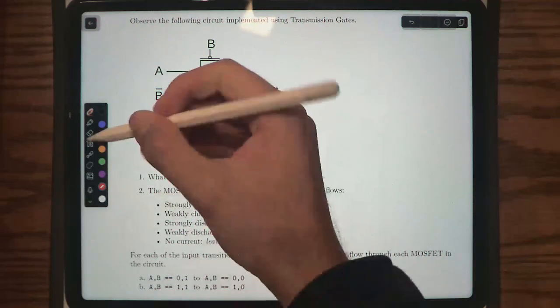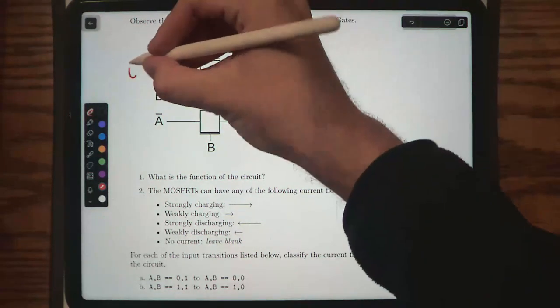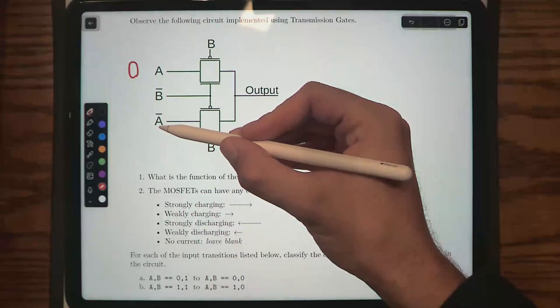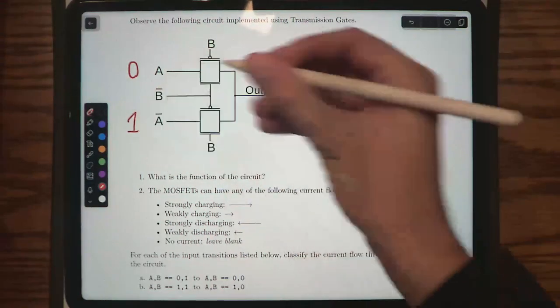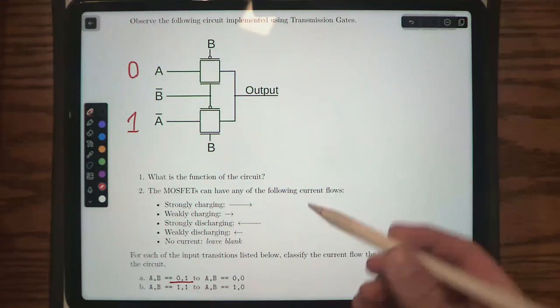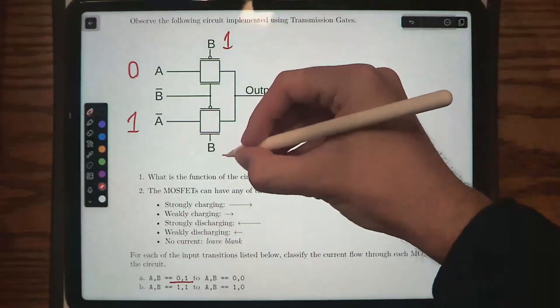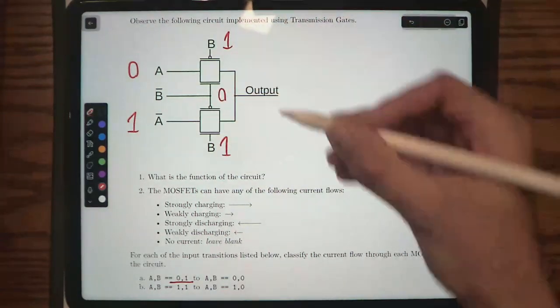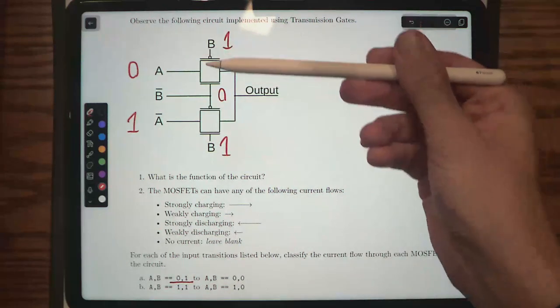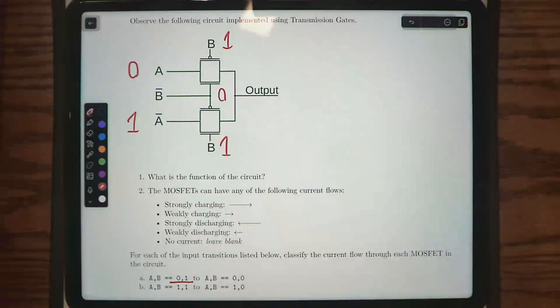If A is 0 volts, what is not A? 1. And what is B? 1. And what is not B? 0.